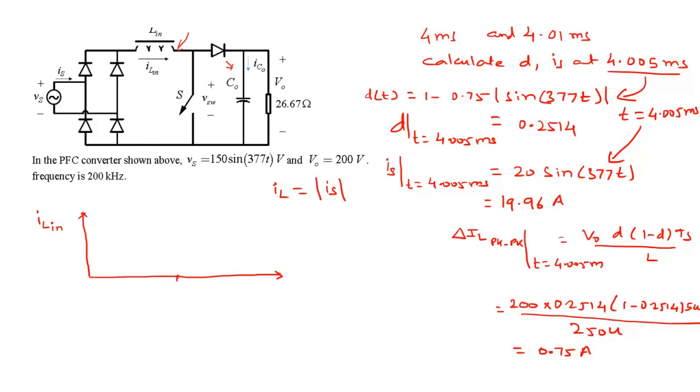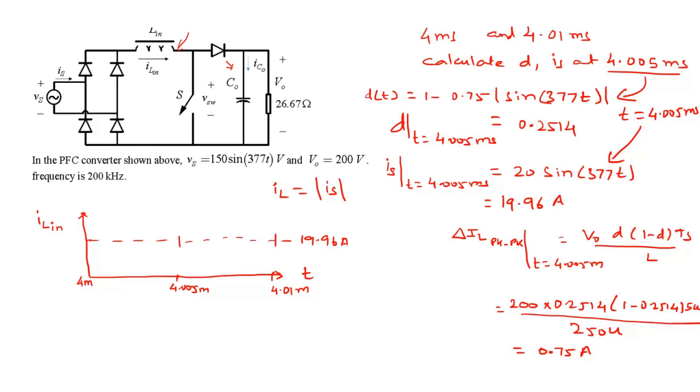So this will be 4 milliseconds, 4.005 milliseconds, and this would be 4.01 millisecond time t. The inductor current's average value is Is average 19.96, and there are two cycles here.